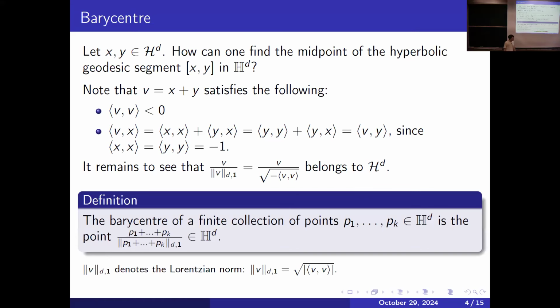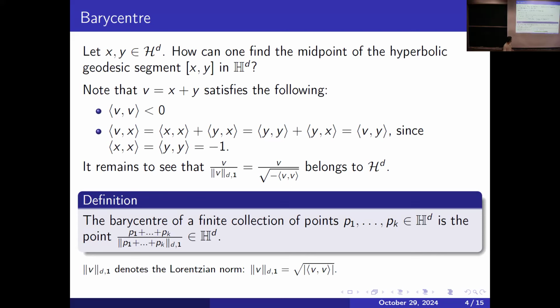Now the definition, the general definition of the barycenter of a finite collection of points. If I have k points p1 and so on pk in the hyperbolic space, I can define the point being just p1 plus and so on plus pk over the Lorentzian norm of that sum.